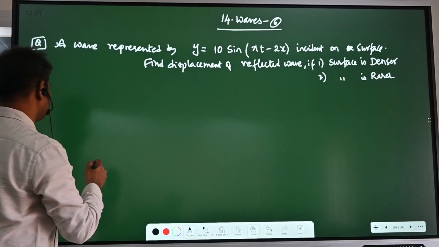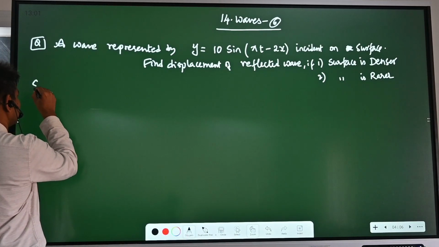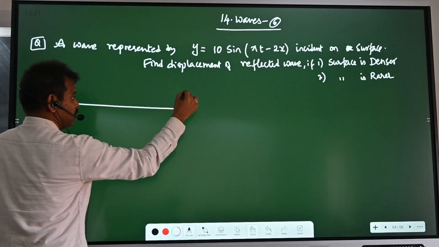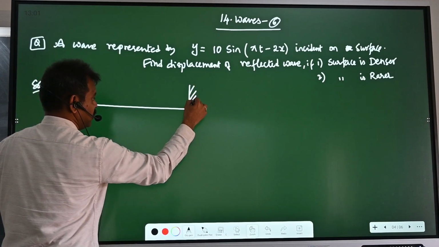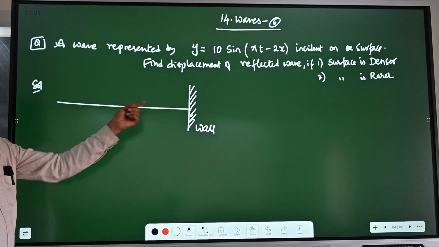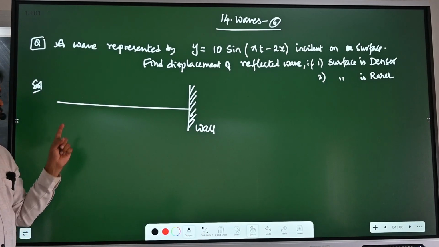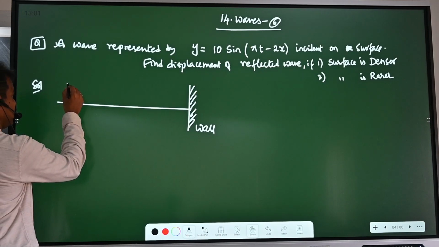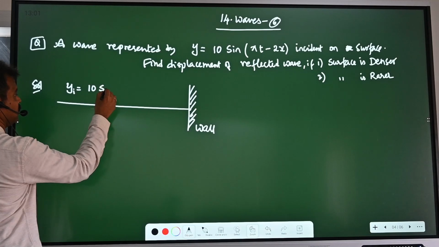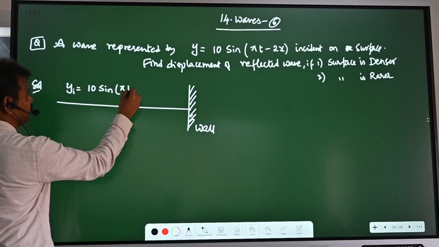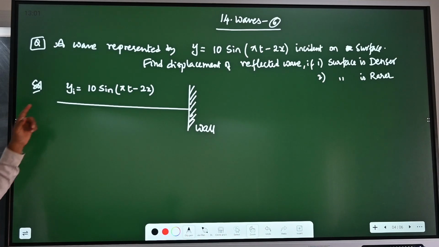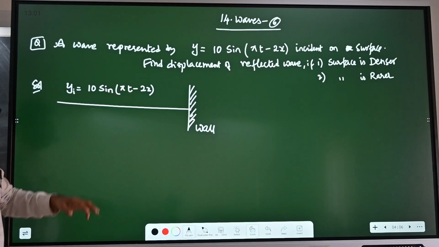So first denser. Students, this is the string, and this is the denser medium, let us say a wall. A string is connected to a wall and a pulse is created here. What is the displacement of the incident pulse? 10 sine (pi t minus 2x), and that is given in the question.